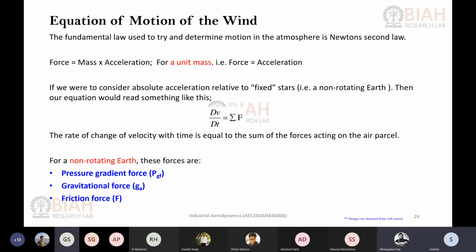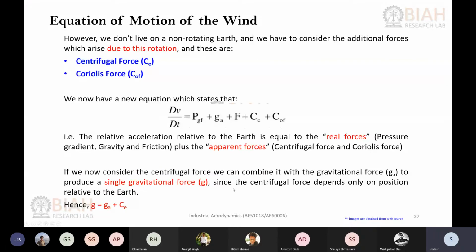Okay. So last week we were discussing the equation of wind motion, and we have characterized the different forces that actually govern the wind motion. So three real forces: pressure gradient force, gravitational force, and the frictional force. These are the three real forces which affect the wind, and due to the rotating frame of reference, or Earth rotating, there will be two apparent forces that we have seen, the centrifugal force and the Coriolis force.